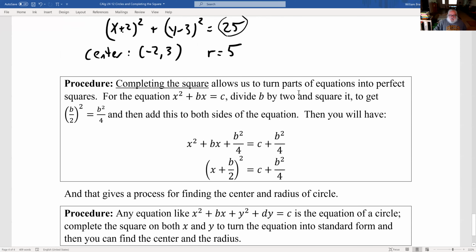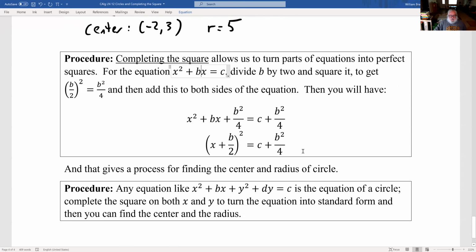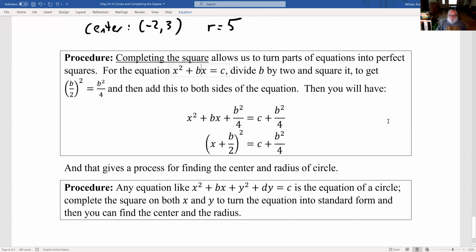So completing the square allows us to turn parts of equations into perfect squares. So if you have x squared plus bx equals c, divide b by 2 and square it to get b over 2 squared is b squared over 4, and add that to both sides of the equation. So there's our b squared over 4 that's been added to both sides of the equation.